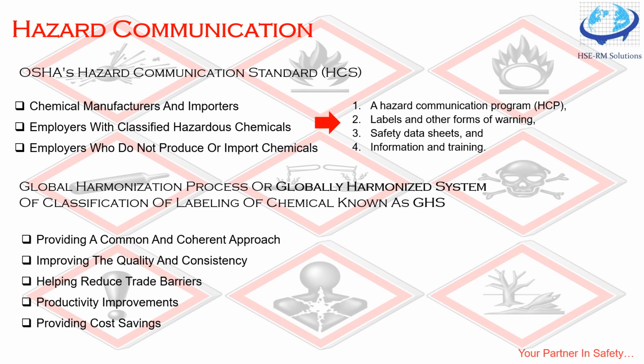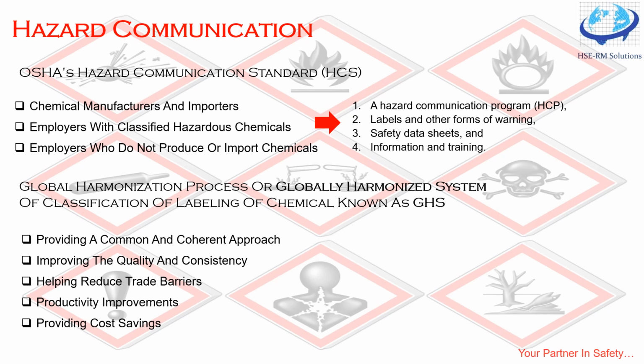Now, the hazard communication standard, HCS, is aligned with the GHS. It was basically developed by the US for their business, but in safety, we accept the best safety practices globally, and hence we must understand the benefits and how we can adopt it as well.